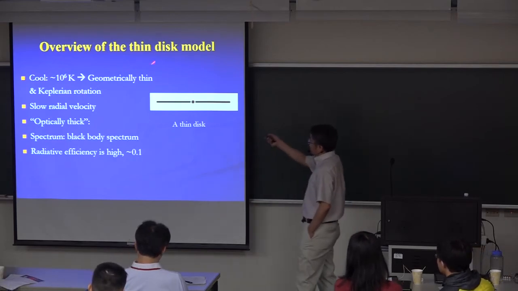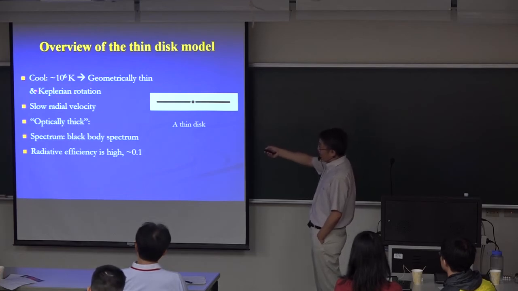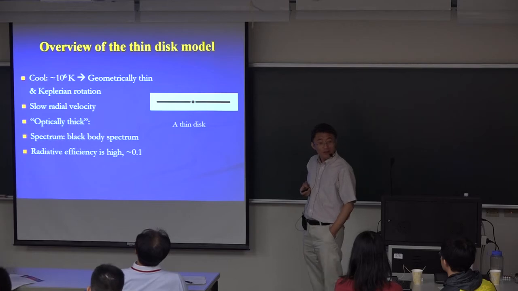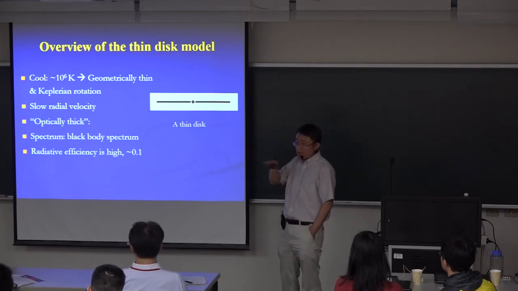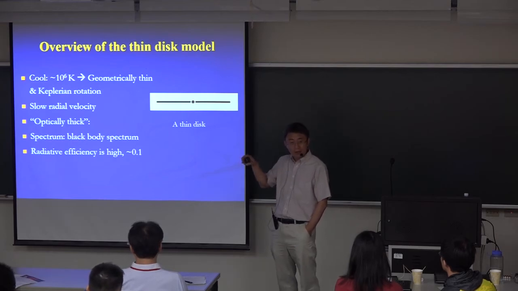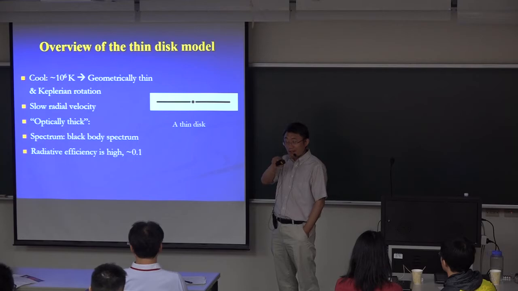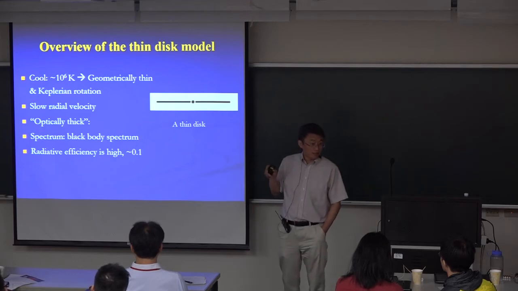Another typical feature of the thin disk is that the rotation is almost perfectly described by Keplerian rotation. Why? This is because the radial force balance for the accretion disk involves three forces, as you may remember. One is the gravitational force. Another one is the centrifugal force, outward. The third one is the gradient of the gas pressure.